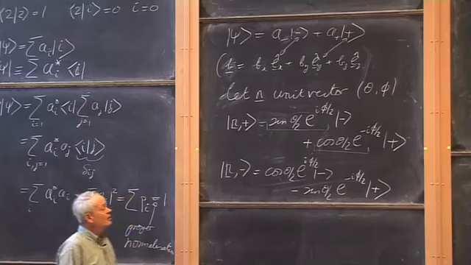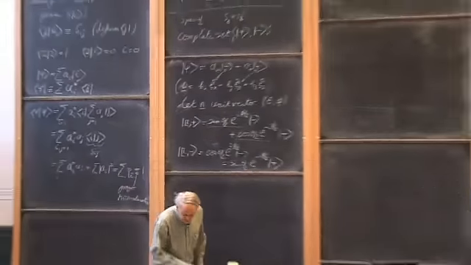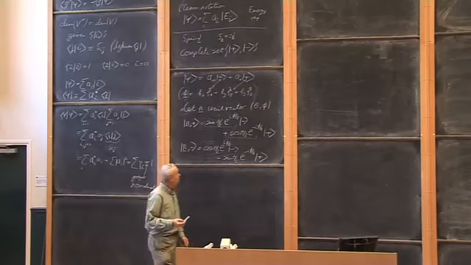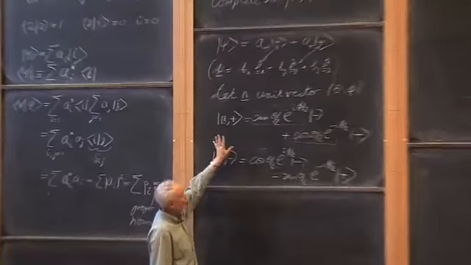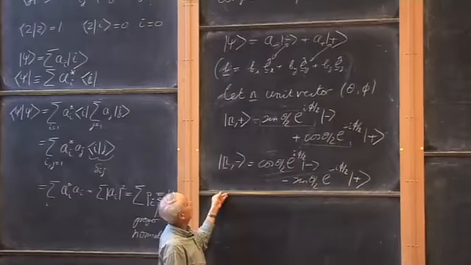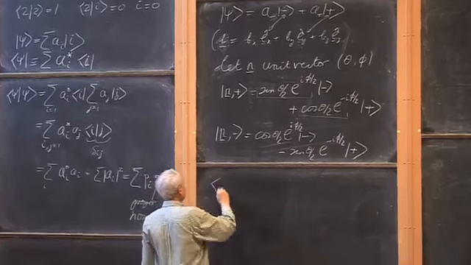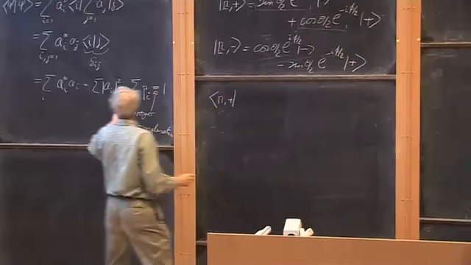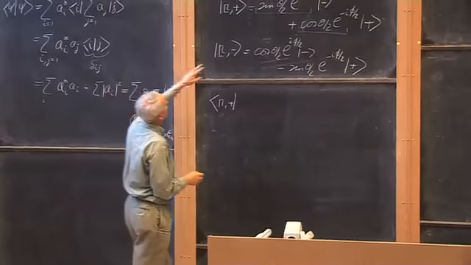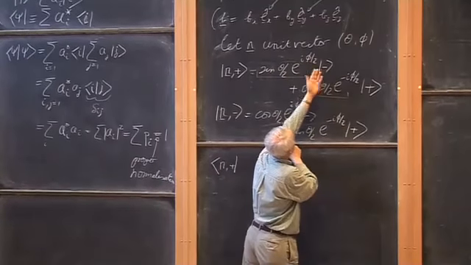Now, in order to calculate something useful, we need to know what the bras are that belong to those. So these are the kets. I will want to do something with the bras in a moment. So let's calculate what the bras are. We have the bra n comma plus. The rule is that we take the complex conjugate of whatever comes in front of this, and then we change this into a bra.